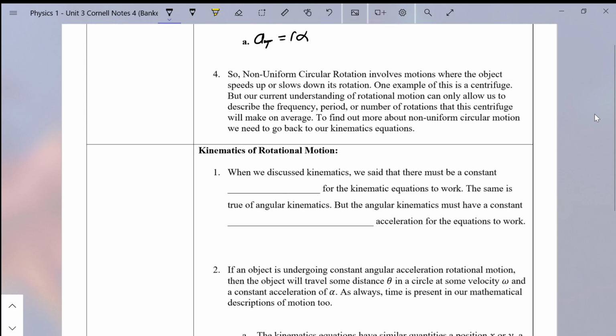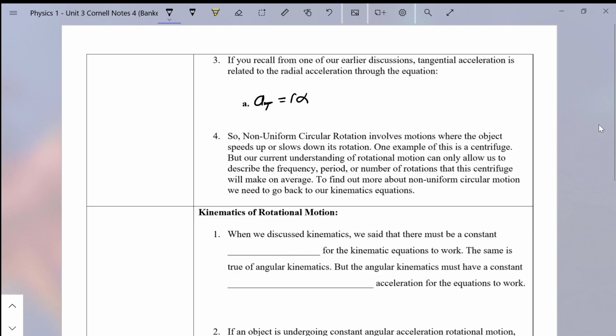and a constant alpha. As it turns out, the r doesn't change, or maybe it can, but in non-uniform circular motion, we kind of expect our tangential acceleration to be uniform. That is constant, and as a result, alpha also remains constant.